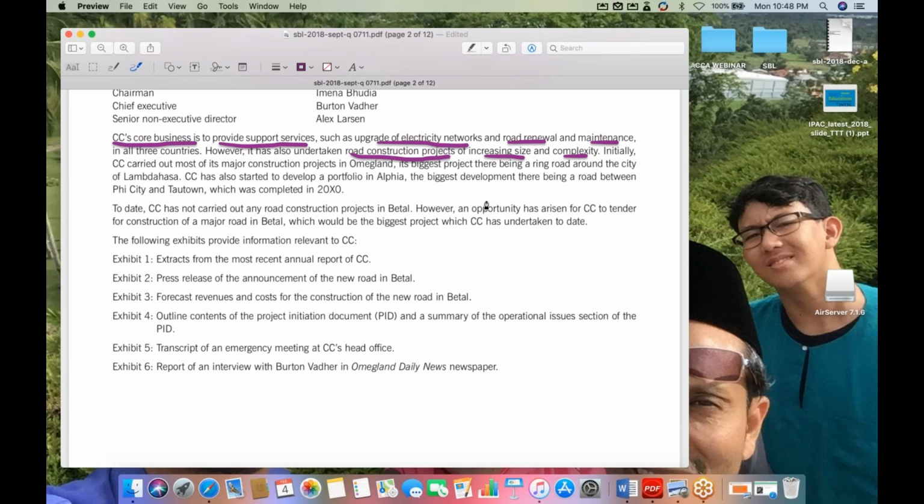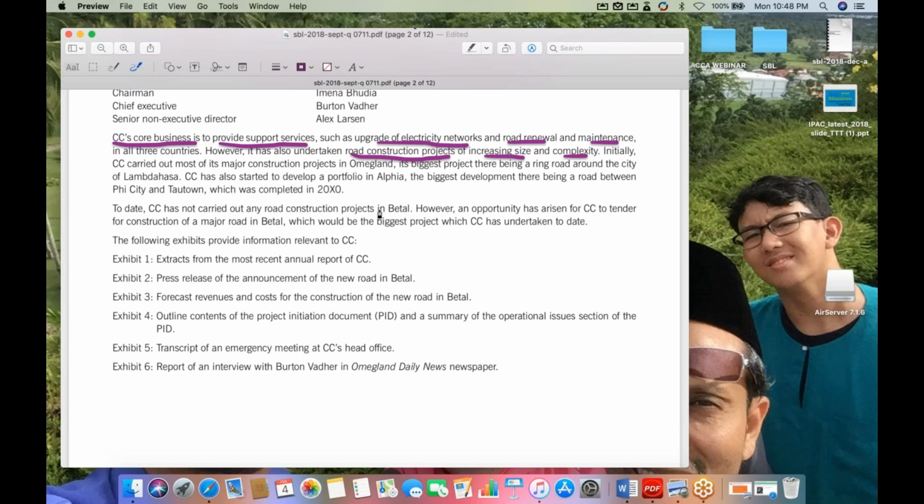And they say that most of the time they have done this in Omegaland. The biggest project is a ring road around the city of Lamdahasa. So CC has also started to develop a portfolio in Alfia. That means they have done some projects there. The biggest development there being a road between Free City and Tau Town, which was completed in 2010.